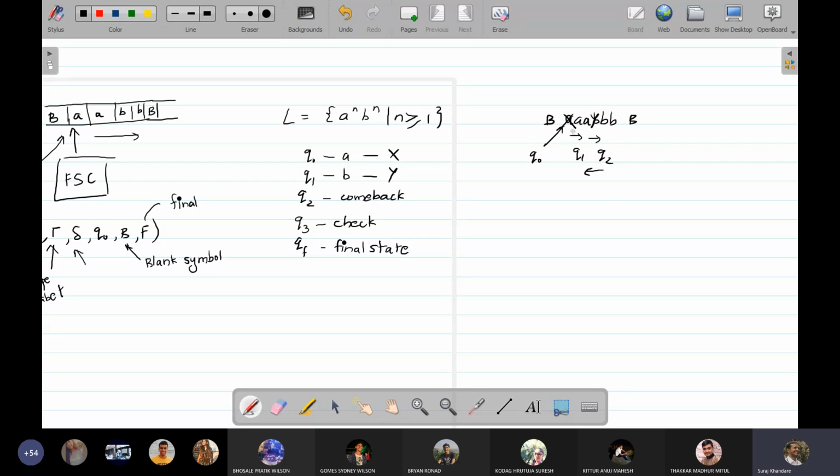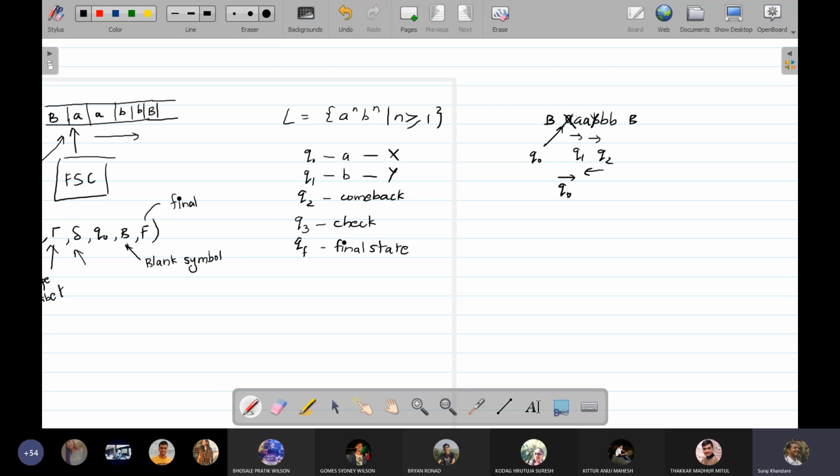It will keep on moving till the time it finds X. Once it finds X, it does not perform any operation. It will just change the state to Q0 and start moving to the right.